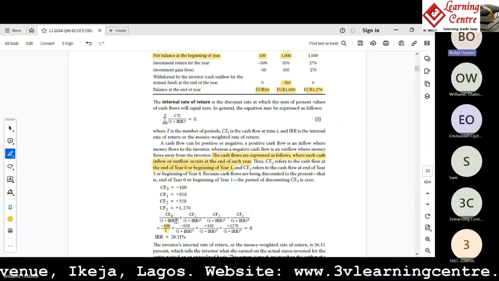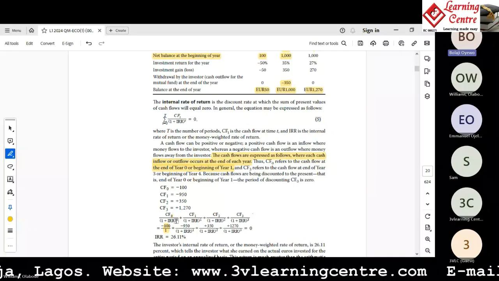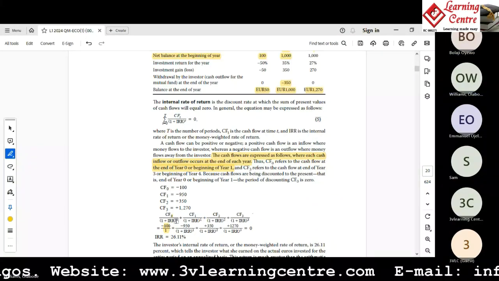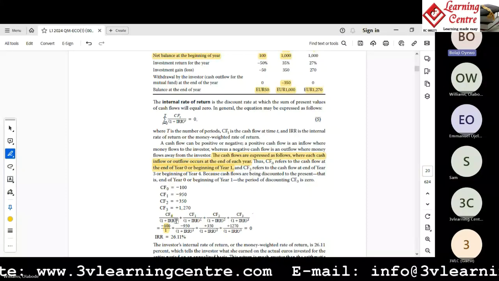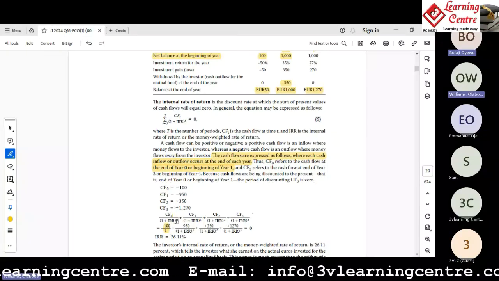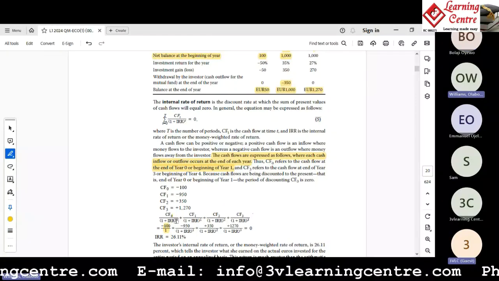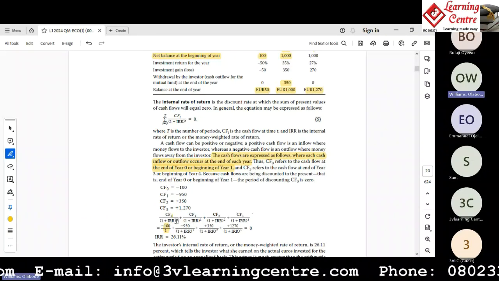And the next one will be 1.1 raised to power 2. If you add everything together, how do you now get 26.11%? No, you are not going to get 26 points. You are going to get an NPV, a value.